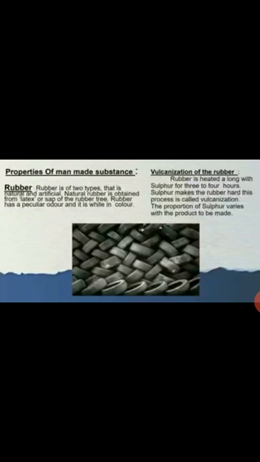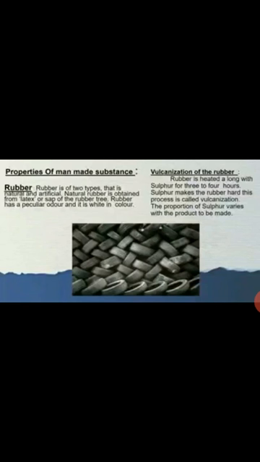Now, what is natural rubber? Natural rubber is obtained from the gum or sap of trees. What is the sap of a tree? Sap of a tree is called latex. Latex means a milky fluid found in many plants. Rubber has a peculiar odor and it is white in color.